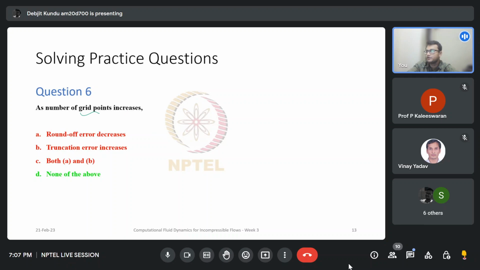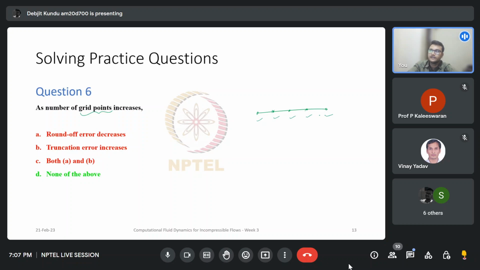If the mesh becomes more refined, if the number of grid points increases, then what happens to the round-off error? So let's say we have a mesh like this, and there are round-off errors at each point.